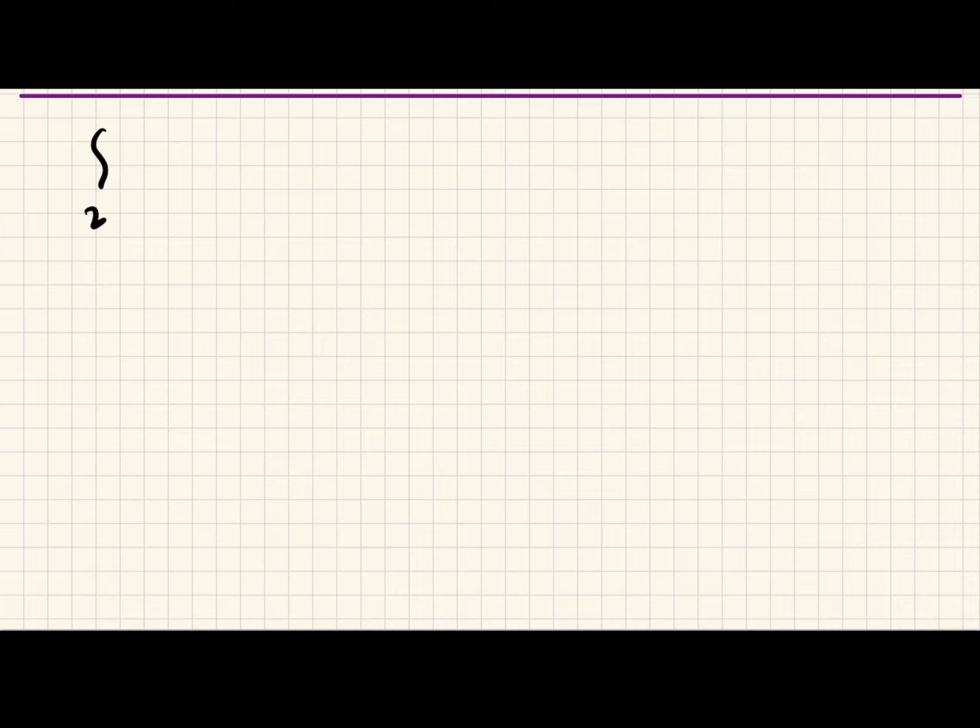Integral 2 to 5, 1 over square root x minus 2 dx. Now, you see a problem? 2 minus 2, square root 2. Yep. We have a discontinuity at 2, don't we? Okay. So, here's what I think.